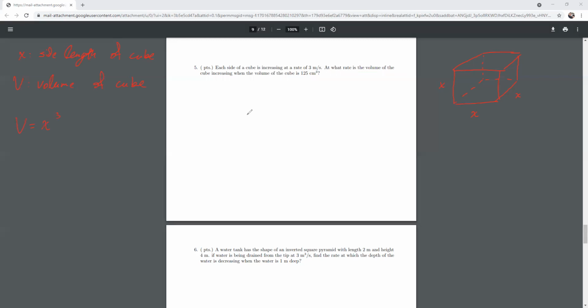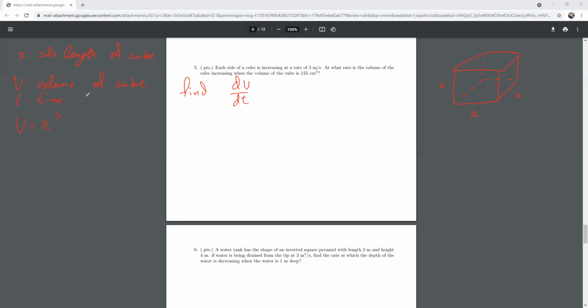The volume is changing at some rate, so they want us to find the derivative of the volume. So find dV/dt, and now I'm introducing a new variable, which is with respect to time. Let me write that right here.